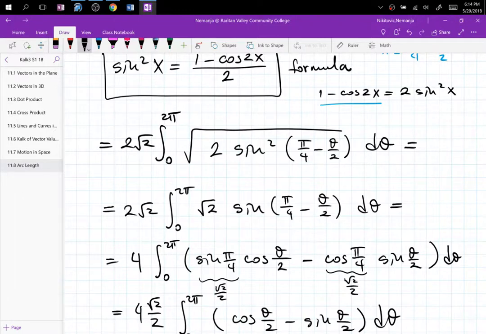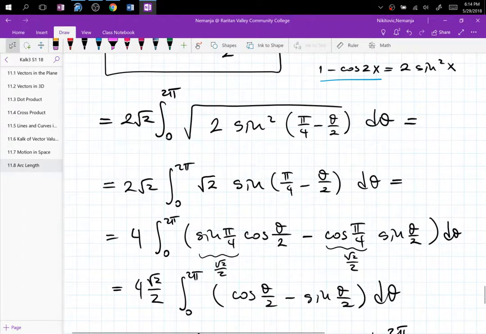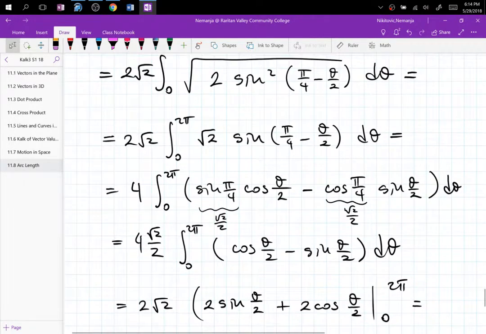So the square kills the root, that's a root 2, that's a 4 outside. Now, sine of the first, cosine of the second, minus sine of the second, cosine of the first. That's all good. Root 2 over 2 gets factored out.